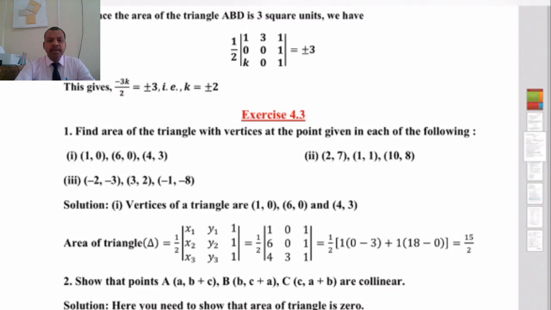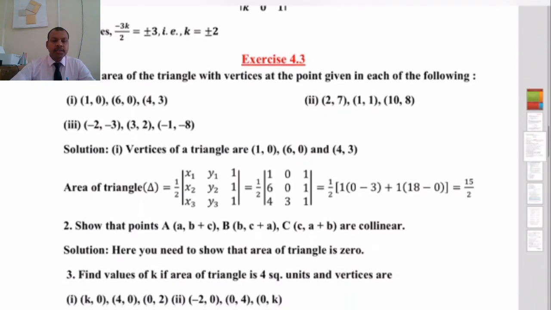So half times [1 times (0 into 1 is 0, minus 3 into 1 is 3), plus the next term will become 0, so need not write it, then plus 1 times (6 into 3 is 18, minus 4 into 0 is 0)], which is equal to half times (18 minus 3), that is 15 by 2.